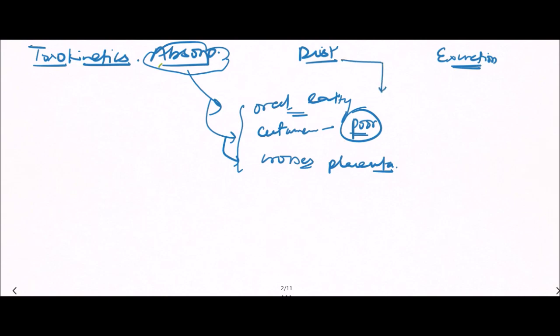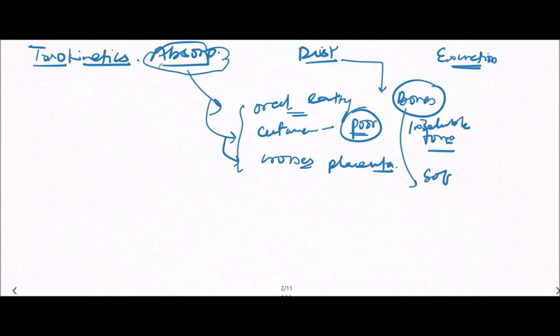Now the distribution. Lead is mostly distributed in bone, in insoluble form as lead phosphate and lead carbonate. The remaining lead accumulates in soft tissues, and this concentration of lead in soft tissues is responsible for the toxicity of lead.